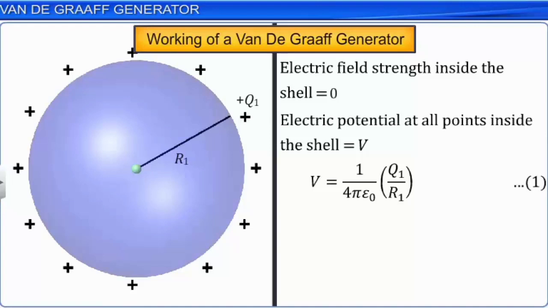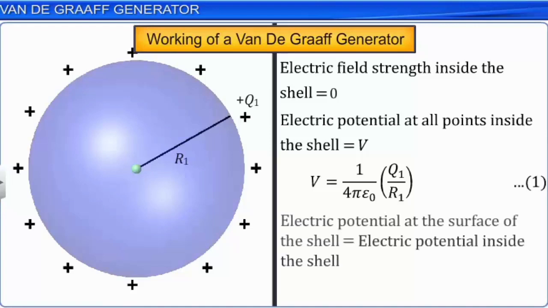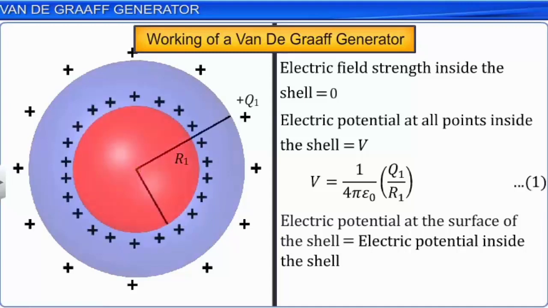We also know that the electric potential at the surface of the spherical shell is equal to the potential inside the shell. Let us assume that there is another smaller concentric sphere of radius R2 with a charge Q2 on it. Now let us consider the potentials at the surfaces of the inner and the outer spheres. Let the potential at any point A on the surface of the inner sphere be VR2.